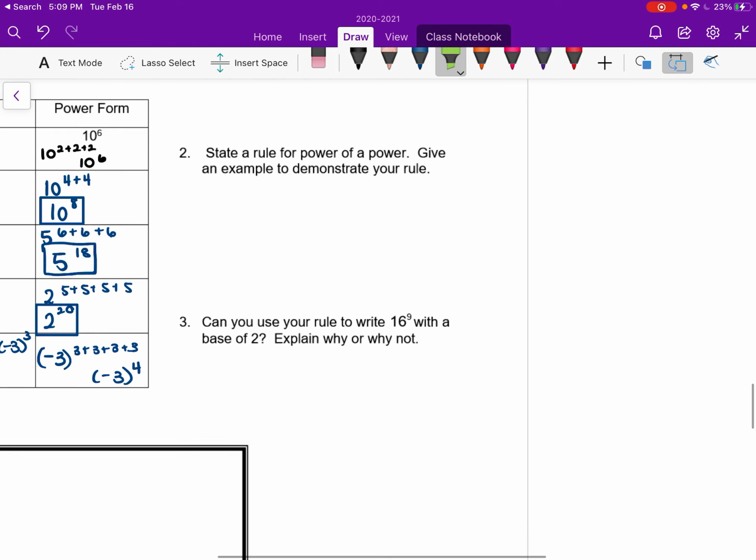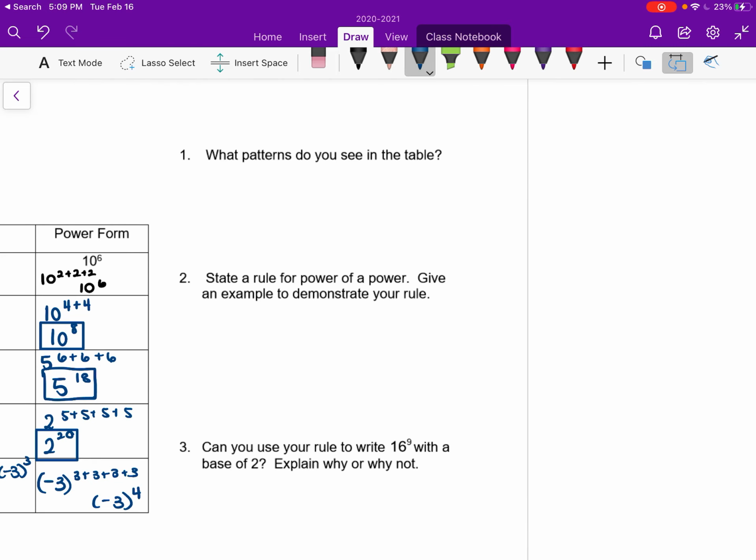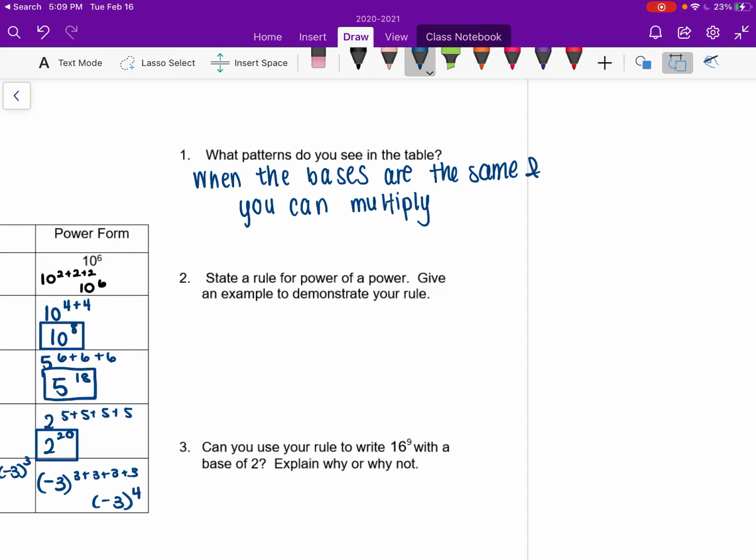So a pattern that you see is when the bases are the same and it's to a power, you can multiply the two powers together, right?